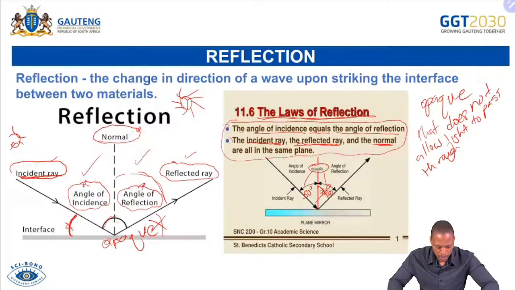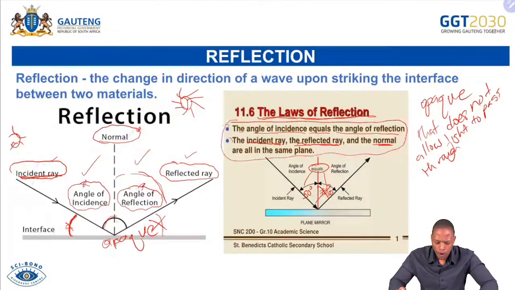It might be a mirror or any other material that is opaque and does not allow light to pass through. Okay, so that's it when it comes to reflection. We're not going to go any deeper there.